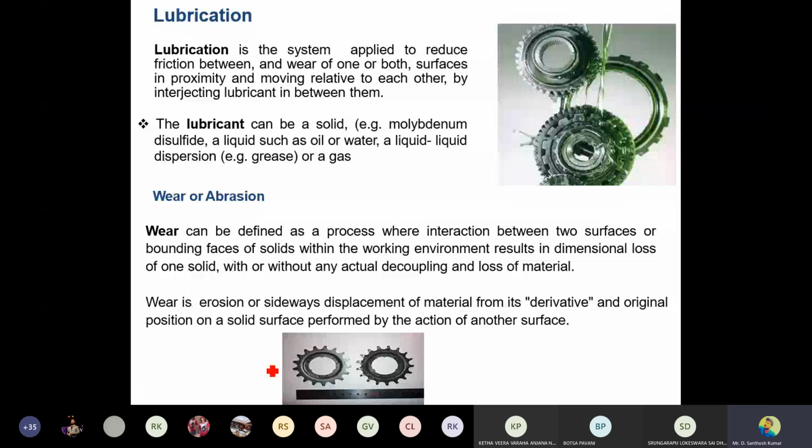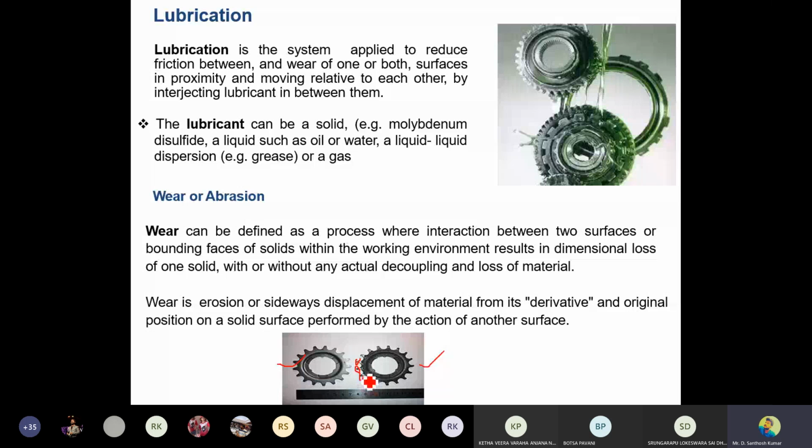So here you can see the diagram for better understanding. There is a sprocket here. This is the new one. There is no dimensional loss in that particular sprocket, but on the right side you can see that there are dimensional changes at the ends.